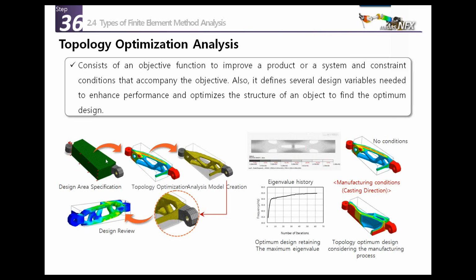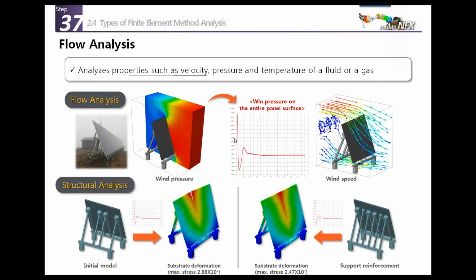The software is actually giving you some recommendation about the best optimized shape for the model. And you have flow analysis also, CFD. This is a very large domain as well that I already discussed previously in several webinars.